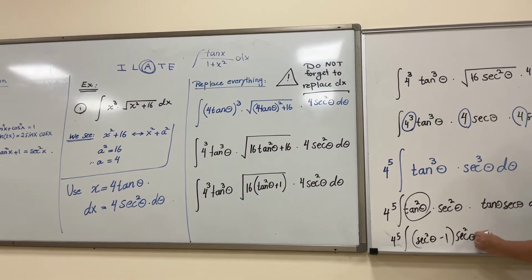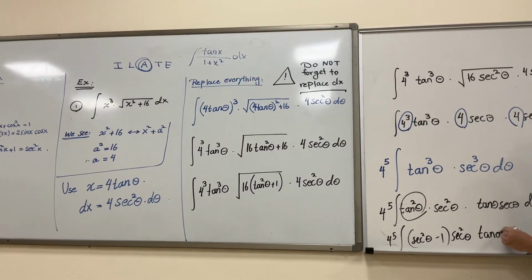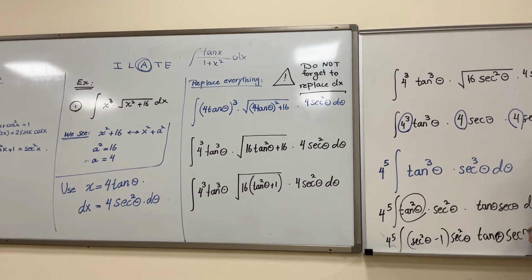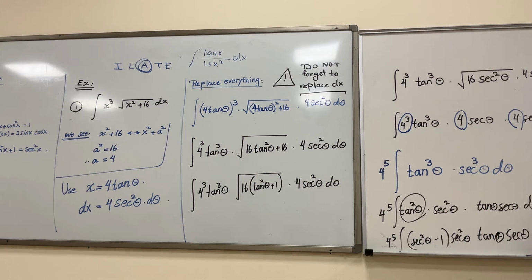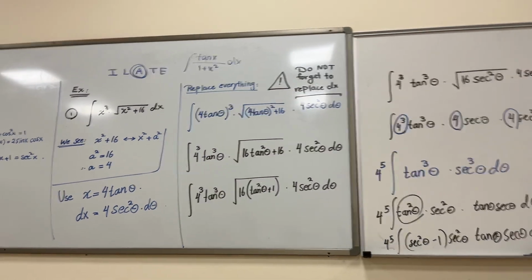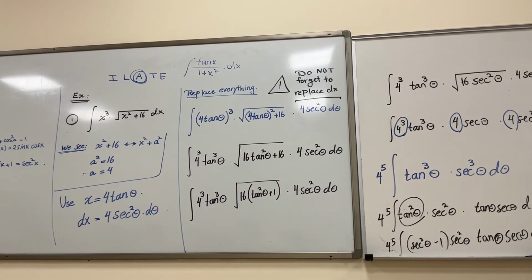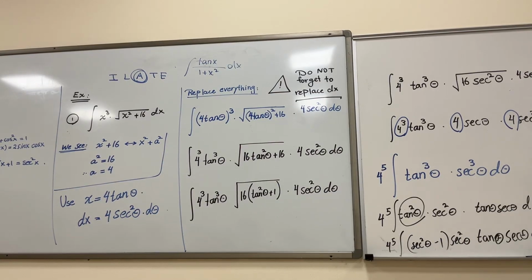Then we have secant squared theta and tan theta secant theta. Our variable is theta, not x, so please don't go back to x at some point without noticing. We're still working on theta. Now what? u equals secant.